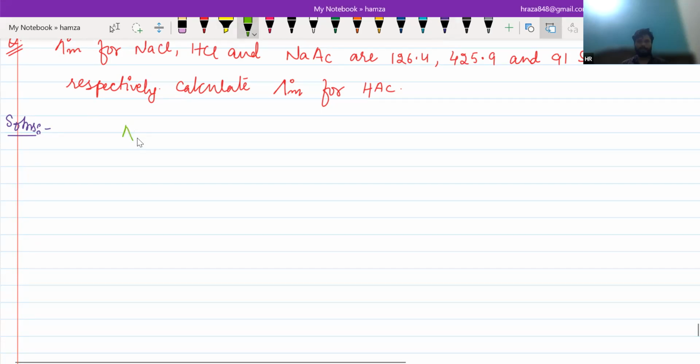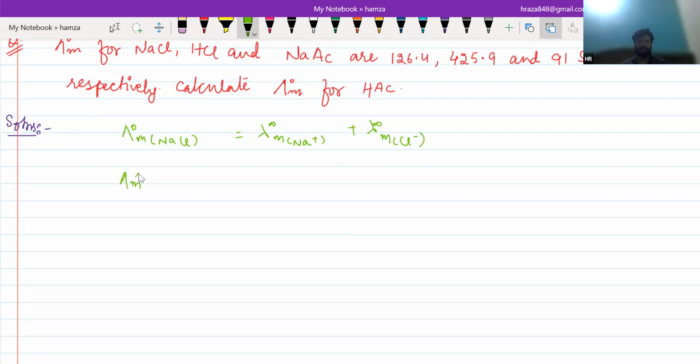So it is like this: lambda naught m for NaCl will be equal to lambda infinity m for Na plus plus lambda infinity m for Cl minus.